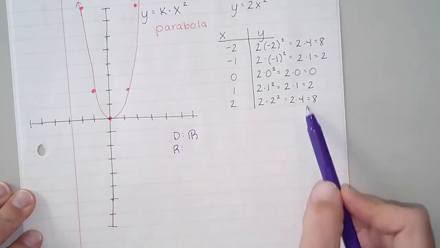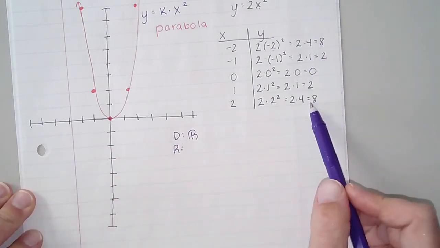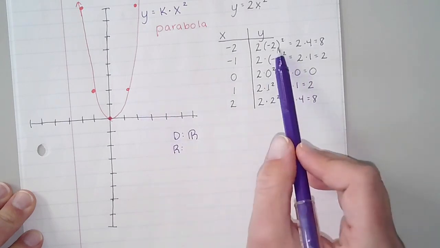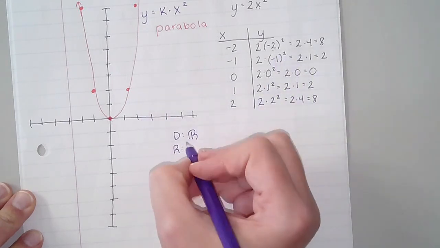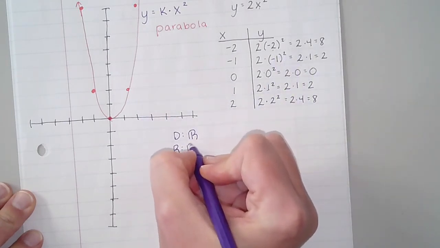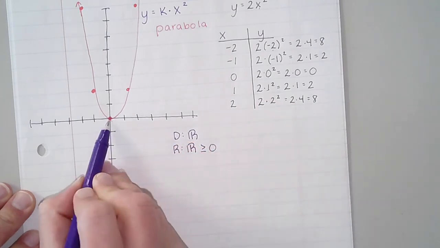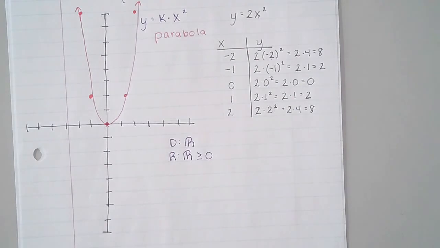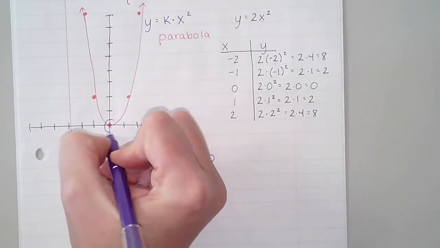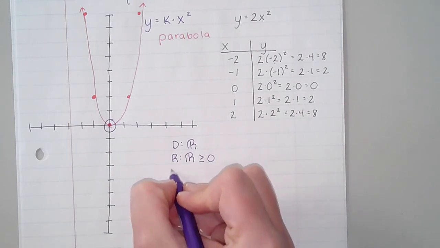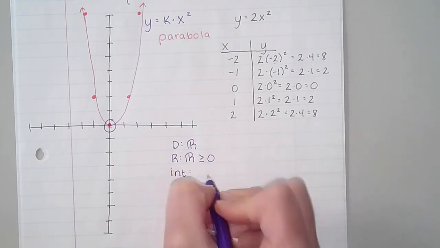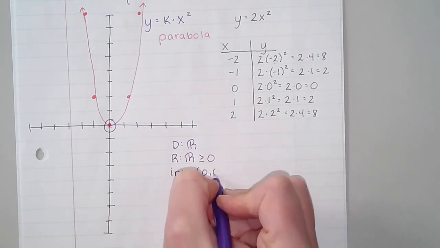It's impossible to get a negative y value over here because everything that gets squared gets turned positive. So for my range, I'm going to say all real numbers greater than or equal to 0. And I included the "or equal" because it does actually touch 0 there. And then this graph also will always contain the point 0, 0. So there are those properties that we're worried about.